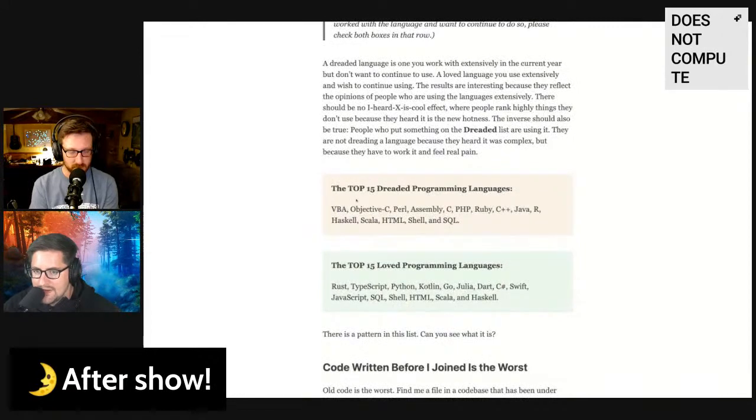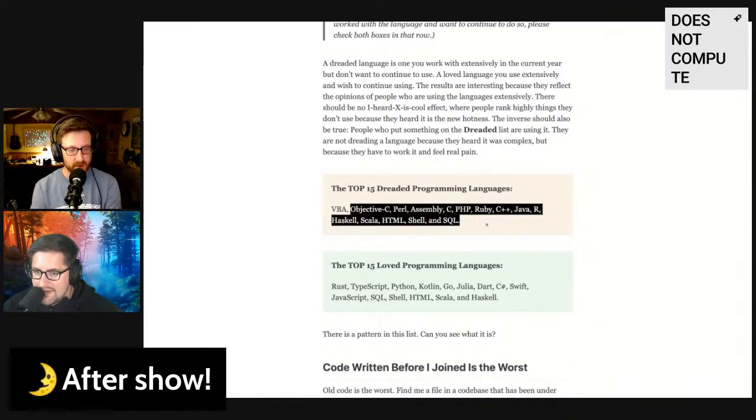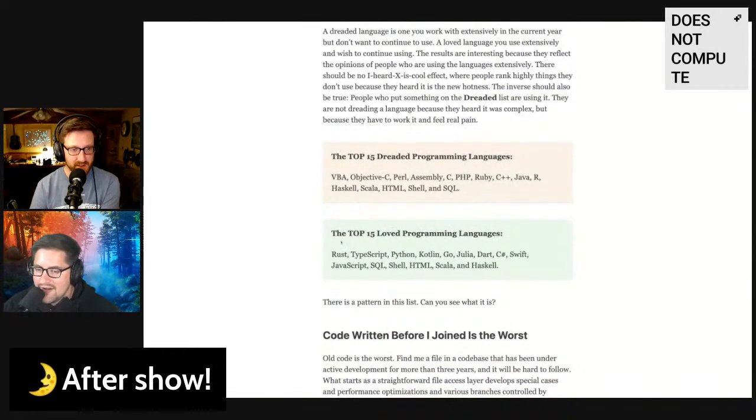So the top 15 dreaded were VBA, Objective-C, Perl, Assembly, C, PHP, Ruby, C++. Interesting. And the top 15 loved were Rust, TypeScript, Python, Kotlin, Go, Julia, Dart, C#. Wait, hold on. People hate Objective-C. Objective-C is the future, Sean.